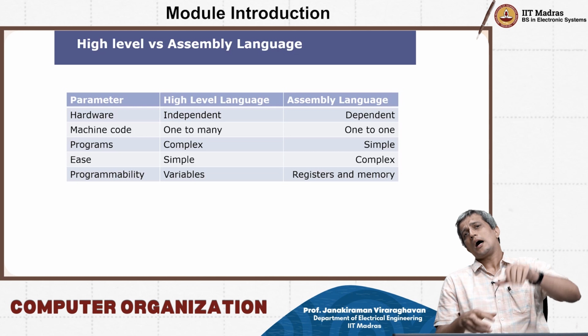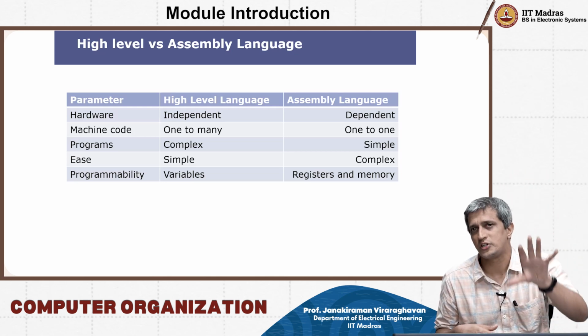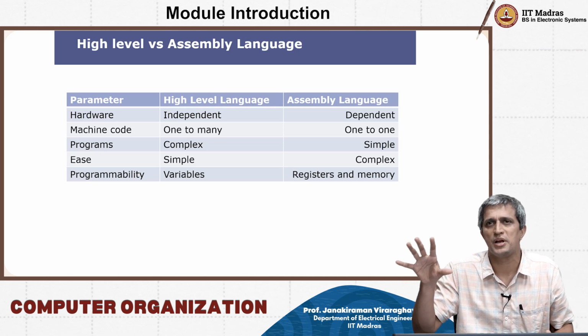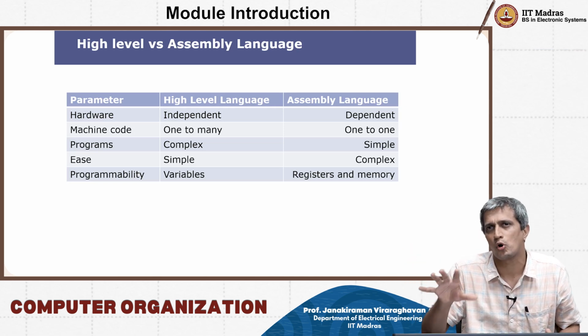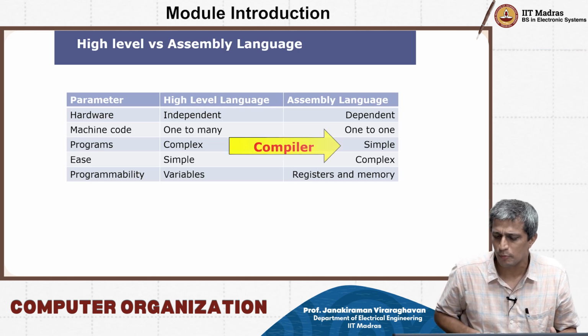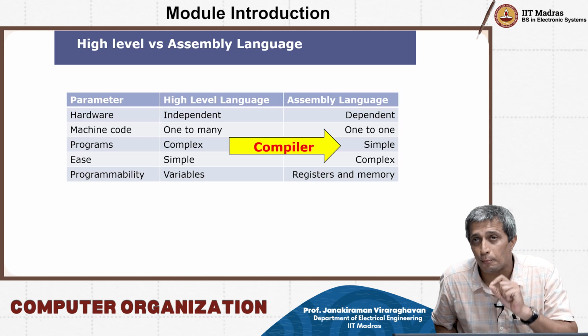So given a high level language like this, which has these properties, and an assembly language which is way more complex and hardware dependent, what is it that enables us to do it? It is a compiler.